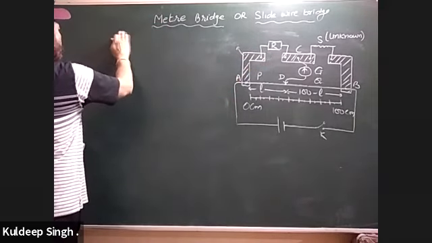You can read the statement again. When R equal to 2 ohm, S more than 2 ohm, the null point is found to be at L centimeter. When we interchange these two, the null point shifts by 20 centimeters, neglecting the end correction. End correction को आप छोड़ दें, भूल जाएं और find out करें the value of S.